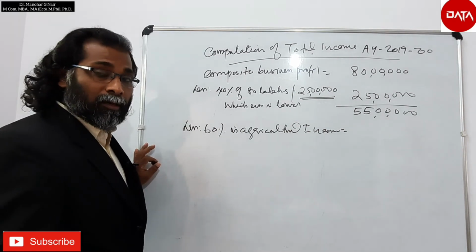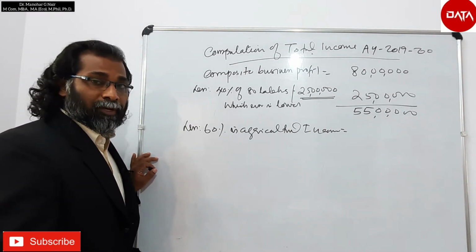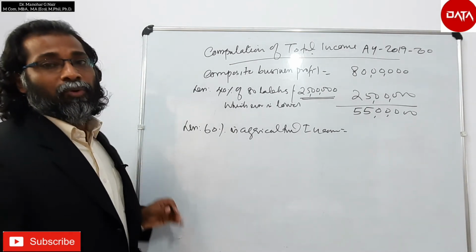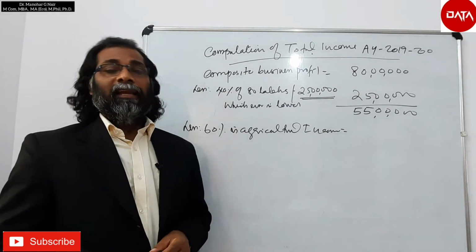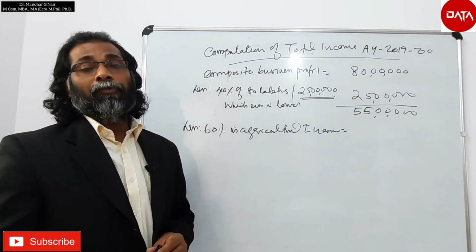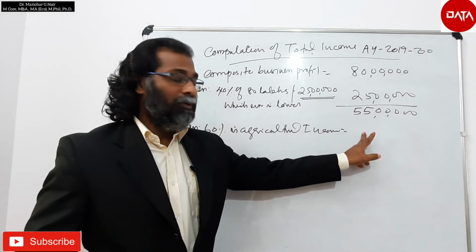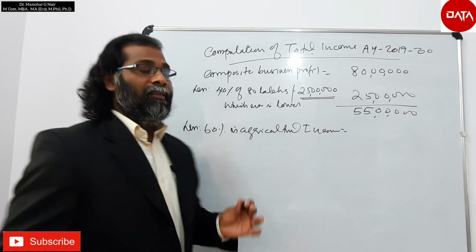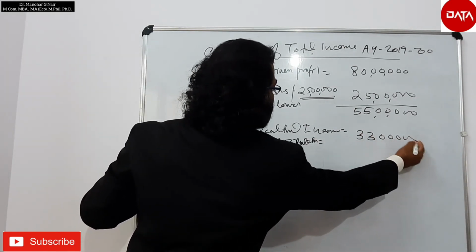My dear friends, I hope that you remember that we have discussed in the previous video, while we were discussing agricultural income, that for a person who is growing and manufacturing tea, 60% would be considered as agricultural income and the remaining 40% will be considered as non-agricultural income. So from this value, 60% would be deducted as agricultural income, and the value is 33 lakhs agricultural income.